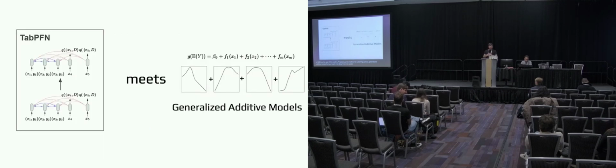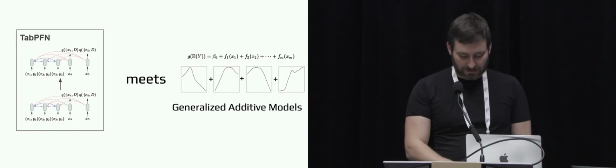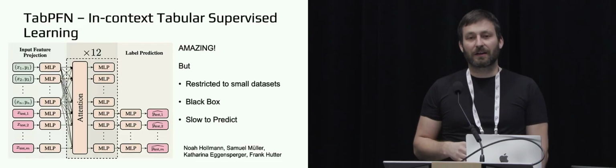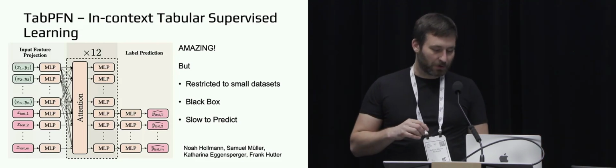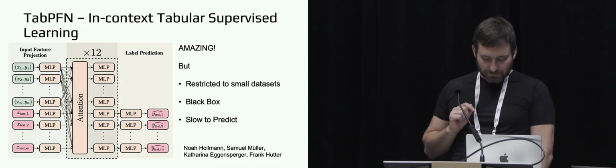The core idea is that we want to marry a recent advancement in tabular learning, TabPFN, from the Freiburg lab with the interpretability of generalized additive models. I want to give a little bit of background on what TabPFN is, because this is the work we're building upon.